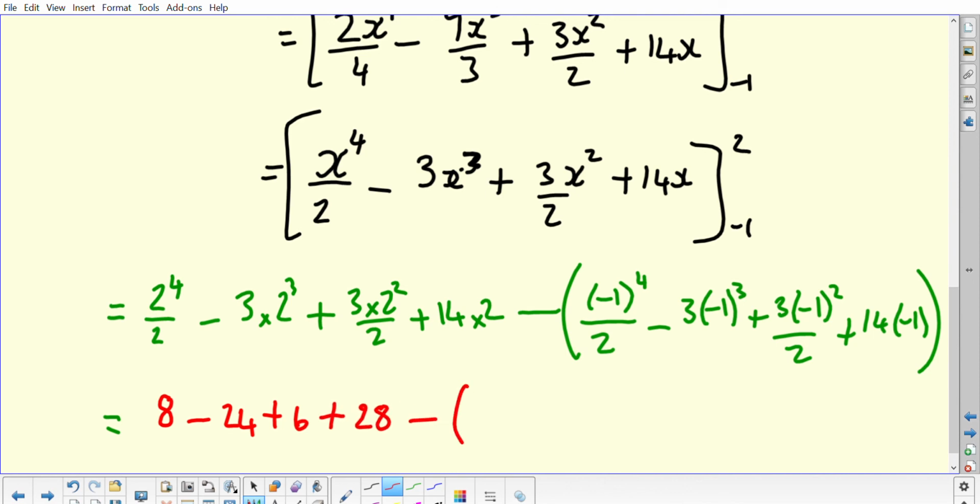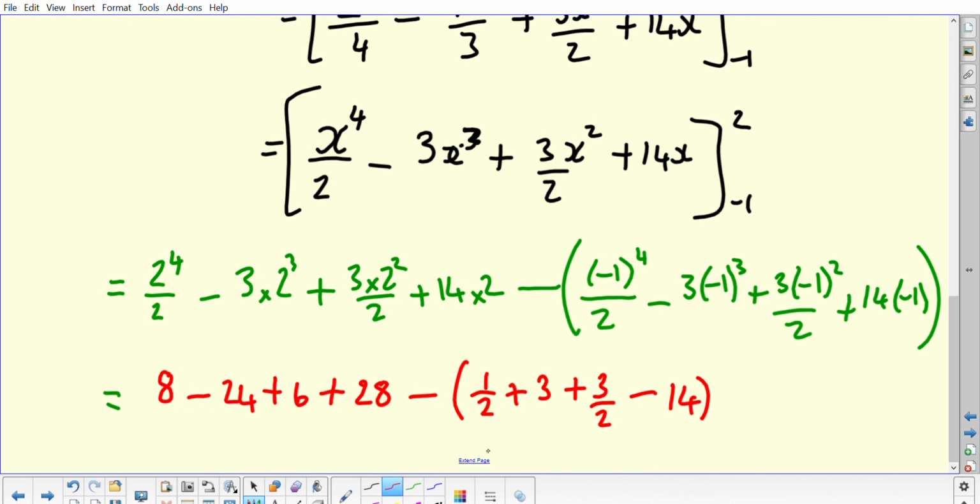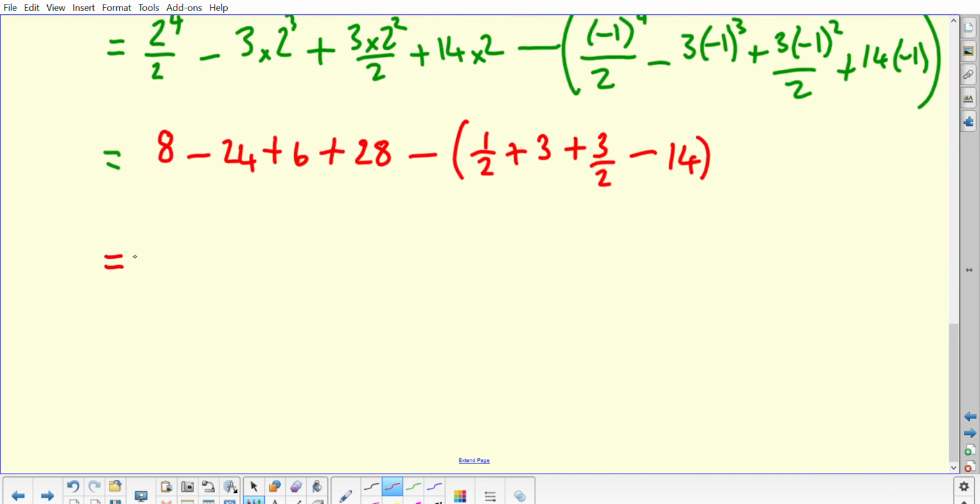Minus, keeping it inside the bracket just now, -1 to the power 4 is +1, so that leaves us with a half. -1 cubed is -1, so -3 times -1 means that becomes +3. -1 squared is +1, times the 3, so that's going to be 3 over 2. And 14 times -1 is -14. Now you could choose to use the calculator at this point, or you could work your way through.